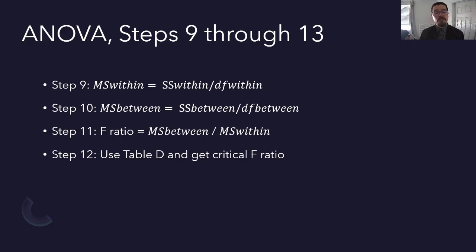This is a familiar practice for you. We did this with finding the critical T value. However, with table D, instead of using an alpha level and degrees of freedom, we would use the degrees of freedom between and within from the previous steps as our numerator and denominator.